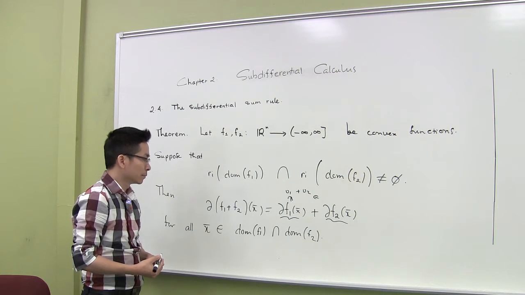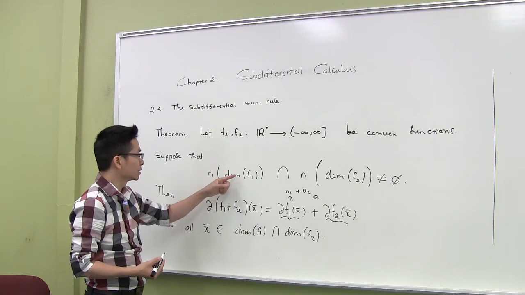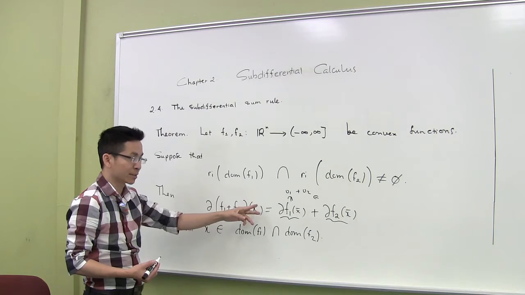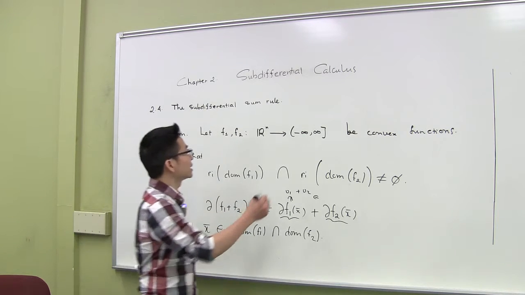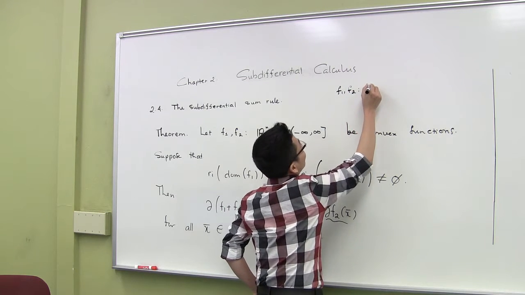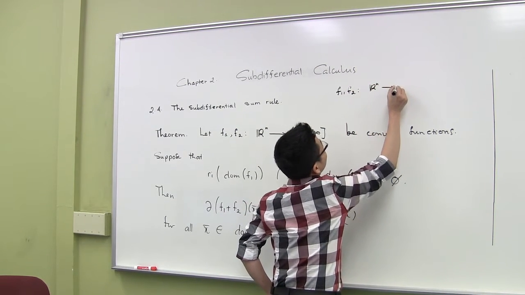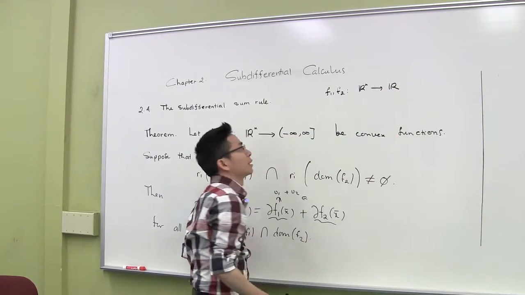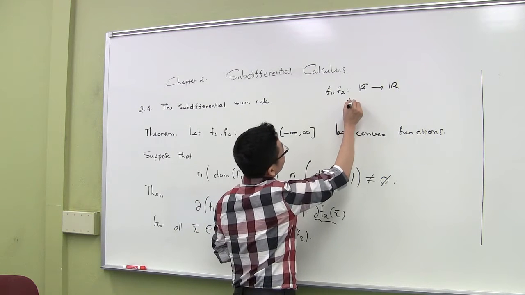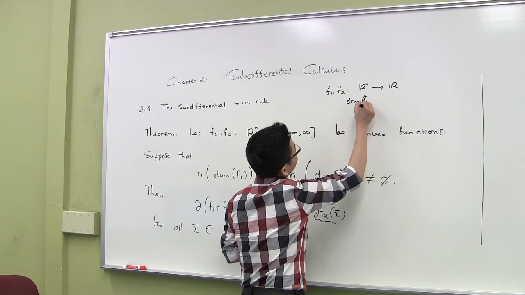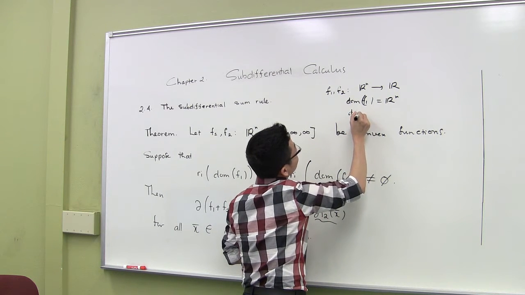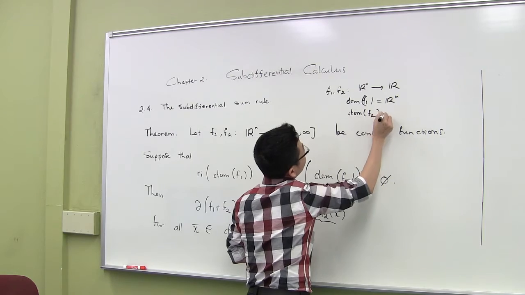Let me also point out a particular case where this condition is satisfied and therefore we always have this subdifferential sum rule. In the case where f1 and f2 are real valued convex functions, the domain of the first function is Rn and the domain of the second function is also Rn.